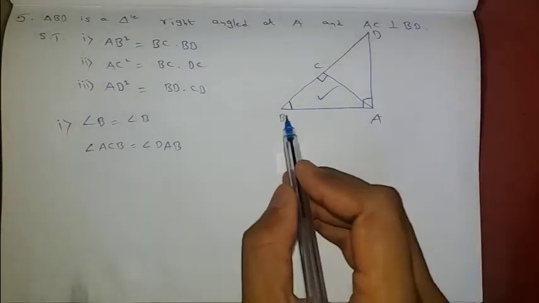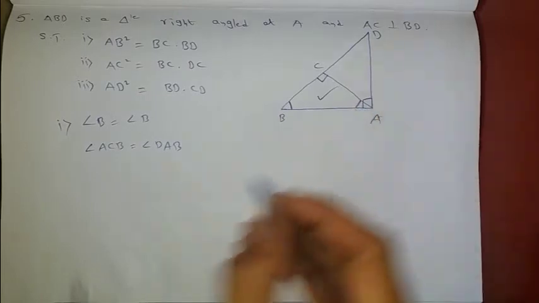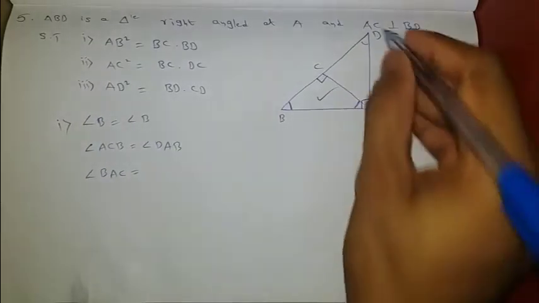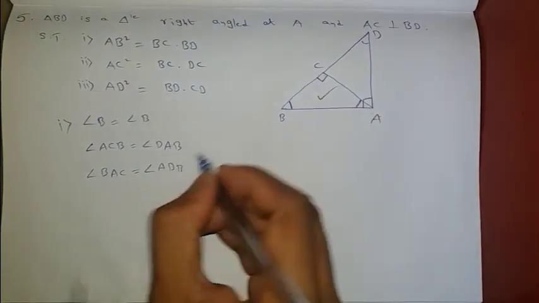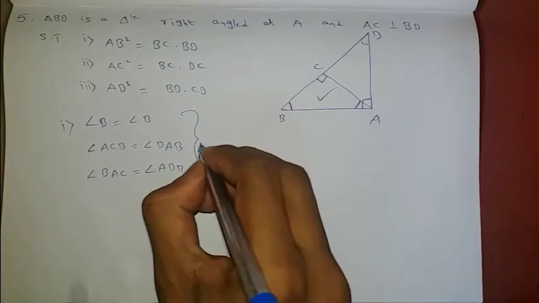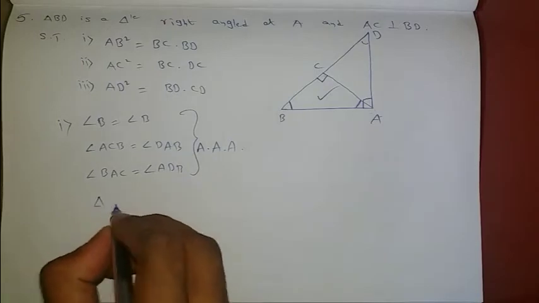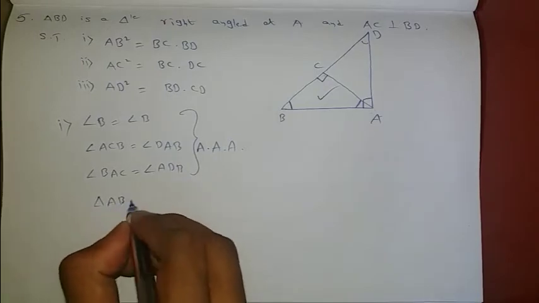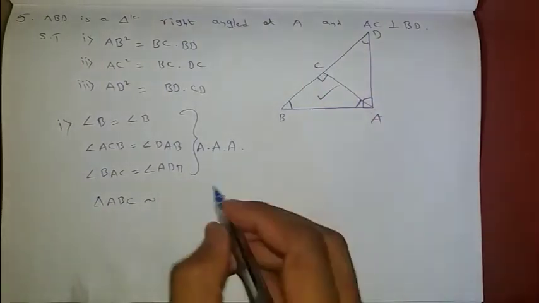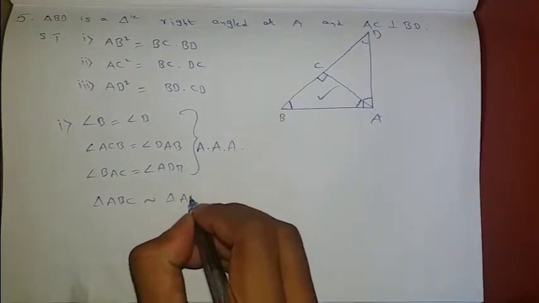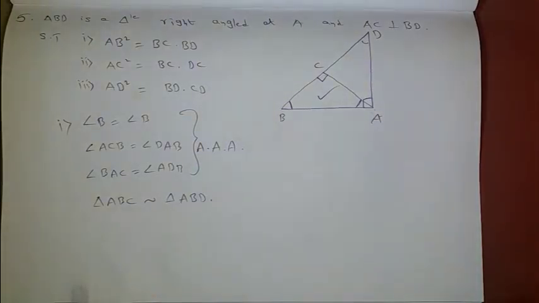So angle BAC is equal to angle ADB. Three angles are equal to each other. So according to AAA criteria, this lower triangle, triangle ABC, is similar to the total triangle, triangle ABD.